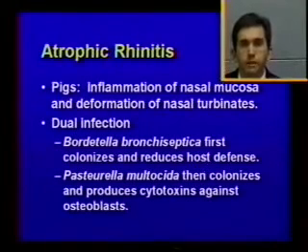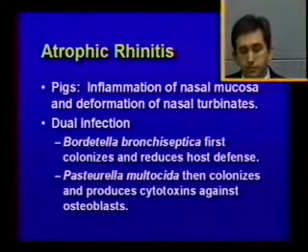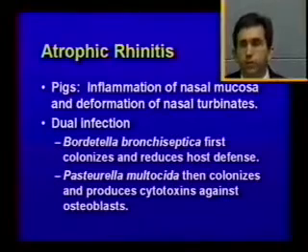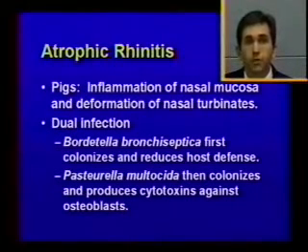Atrophic rhinitis is a disease that has been around for some time, and it causes severe deformation of the nasal turbinates of pigs. But the relatively new information is that this disease is caused by two bacterial agents. The first is Bordetella bronchiseptica, which was the bacterium that we mentioned before as causing pneumonia in several species.